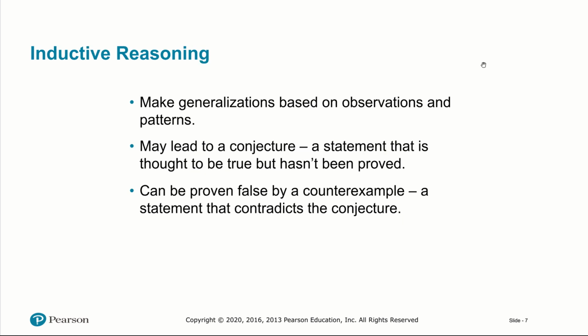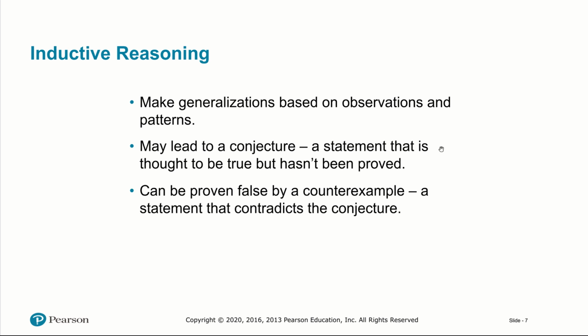The kind of reasoning where we look at some specific observations, try to find a pattern and make a generalization is referred to as inductive reasoning in mathematics. We hinted at it in our last lecture, and sometimes when the pattern does seem to hold, it leads us to come up with a conjecture, which is a statement that is considered to be true but hasn't been proven.